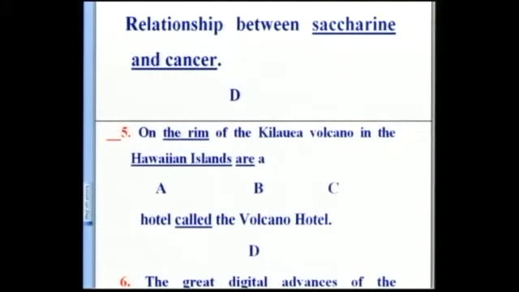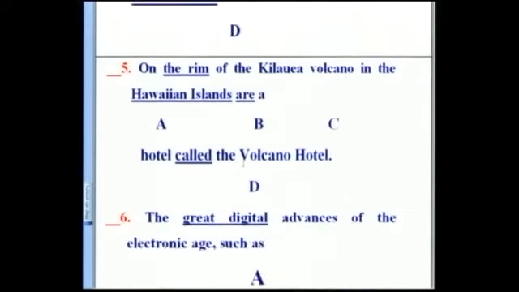The rim دي A، Hawaiian Islands B، are C. معلش يعني لما هيكون في الامتحان هتلاقوا إنهم مكتوبين بشكل مظبوط تحت، كل واحدة تحت الجزء اللي بتشير إليه. طيب يبقى on the rim are a hotel لا is a hotel، يبقى C is wrong. C is the correct answer.